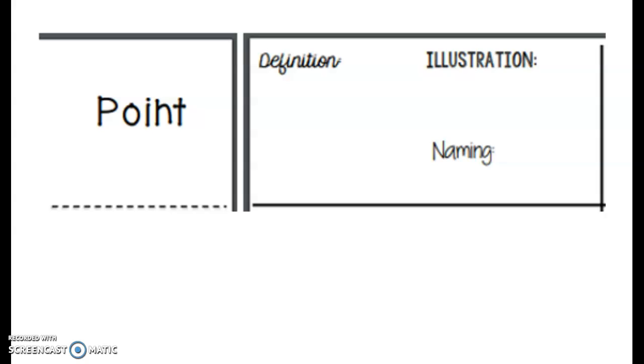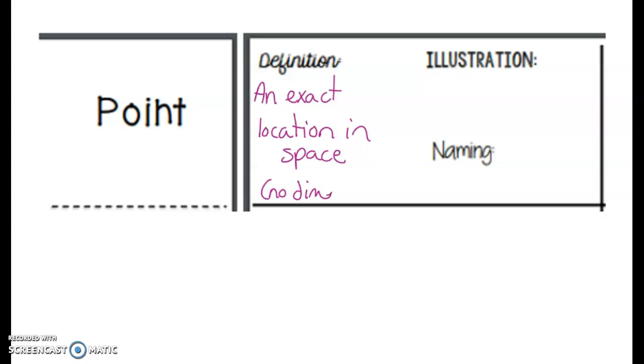So the definition of a point is that it is an exact location in space. And it also has no dimension. We might go ahead and write that down. So it's not one-dimensional, two-dimensional, or three-dimensional.